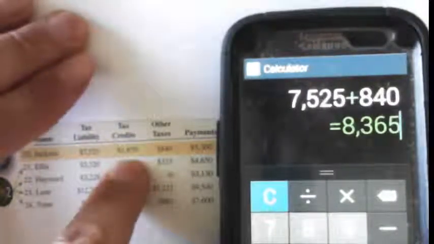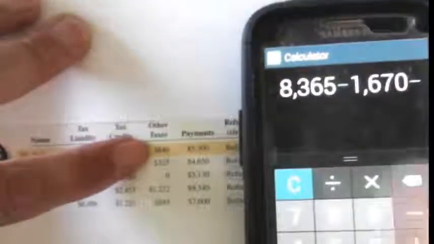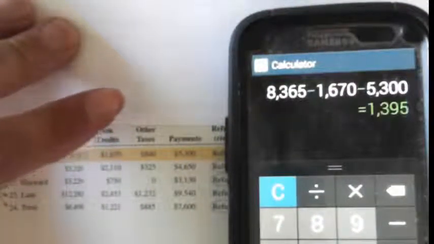So we get our total taxes. Then we're going to subtract our credits and the payments. And that's where they came up with the amount still owed.